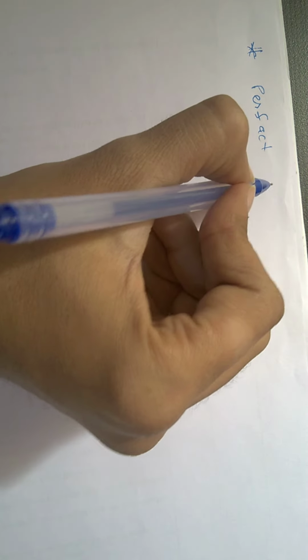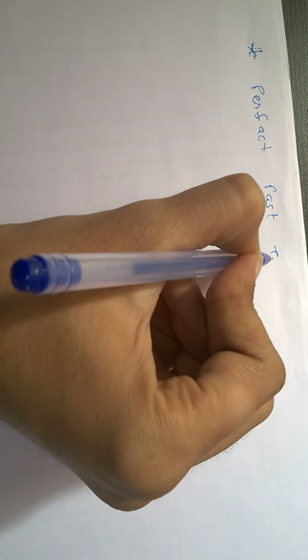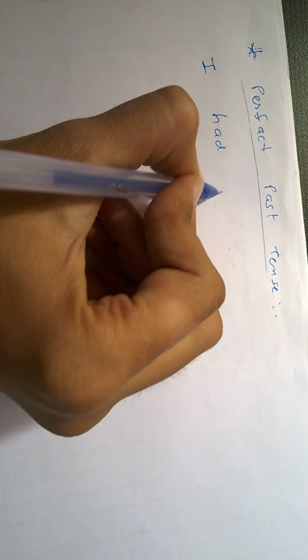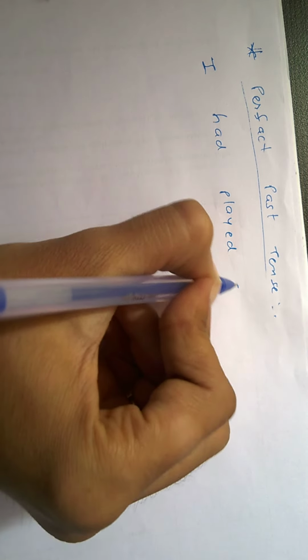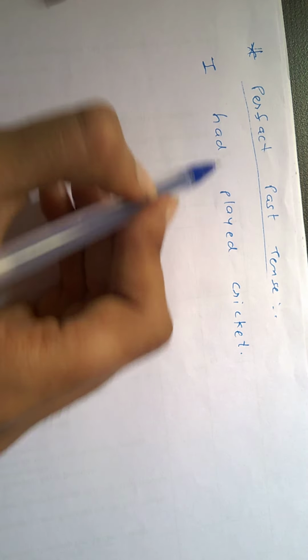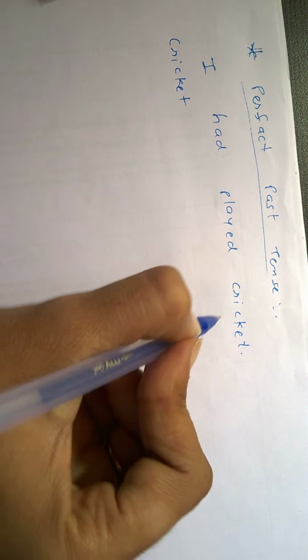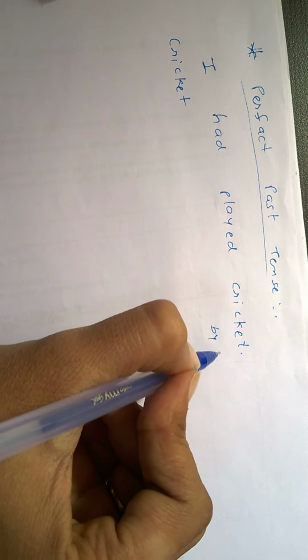Now we will see the passive voice for the past perfect tense. So in past perfect tense we will see the example, I had played cricket. So this example is also very easy to convert in passive voice. So as per our technique we will exchange first the position of object and subject.